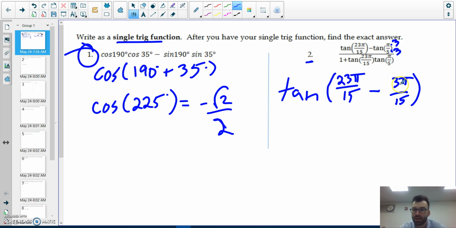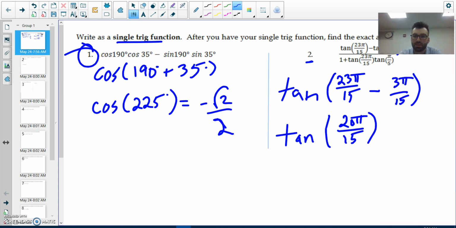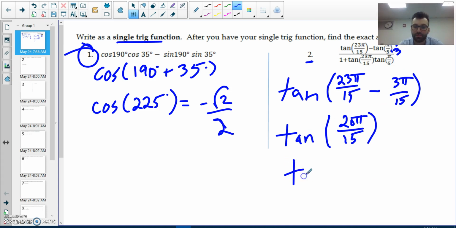Remember, the reason I changed this to a common denominator was so I could subtract these two fractions. So if I do 23 minus 3, I get 20 pi over 15. It's a tangent of that. If I reduce that fraction, 20 pi over 15 becomes the tangent of 4 pi over 3, which, if you look on the unit circle, is right there.